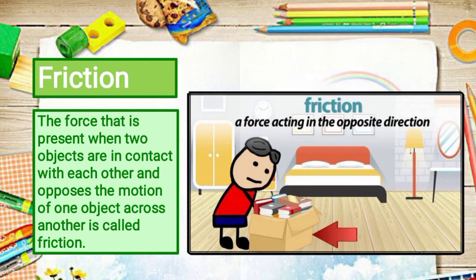Friction is a force exerted when two surfaces are in contact with each other. Friction acts on all moving objects, but the direction of the force of friction is always opposite to the direction of movement of the object.